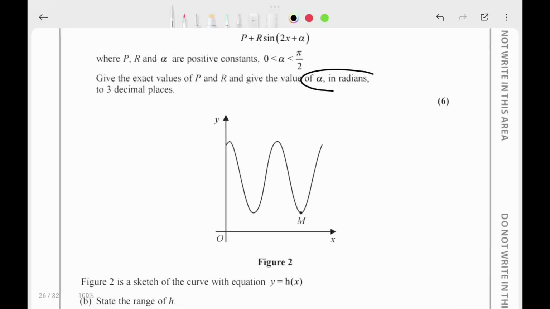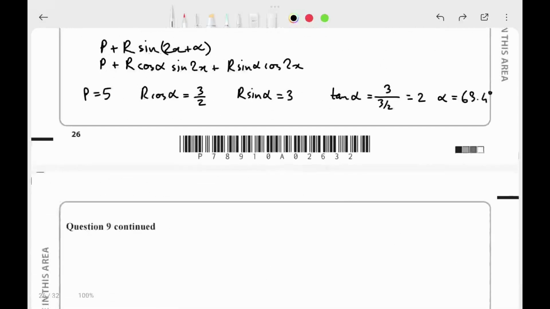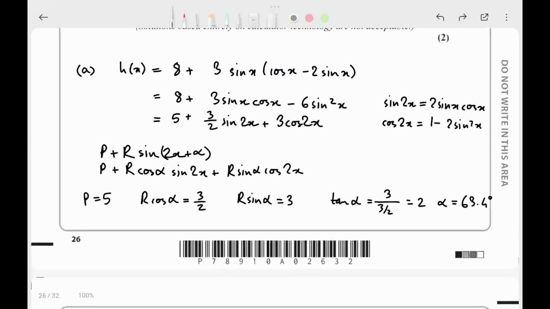That's it. They asked us to find alpha in radians, so I'll have to use radians. So that's 1.107.